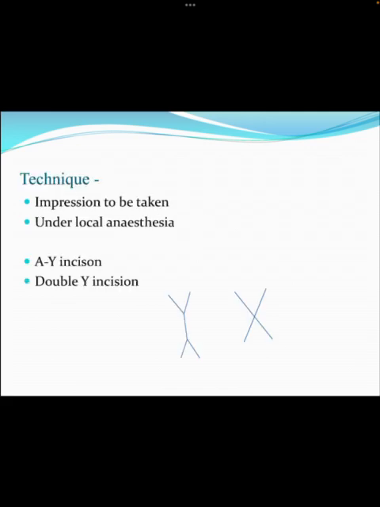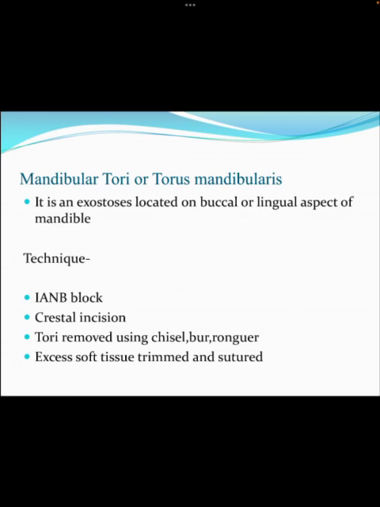Coming on to the techniques, the procedure is done under local anesthesia. A preoperative impression should be taken. The preferred incisions are a Y incision or double Y incision. Mandibular tori are an exostosis located on the buccal or lingual aspect of the mandible.